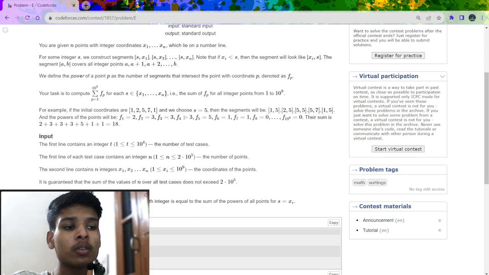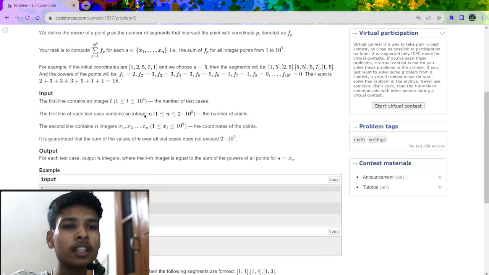Now we have to tell the occurrence of 1 plus occurrence of 2 plus occurrence of 3, till occurrence of 10^9, which is the sum of all the occurrences. By occurrence I mean how many times a number occurs in the segments we created before. I hope the problem statement is pretty much clear to you.